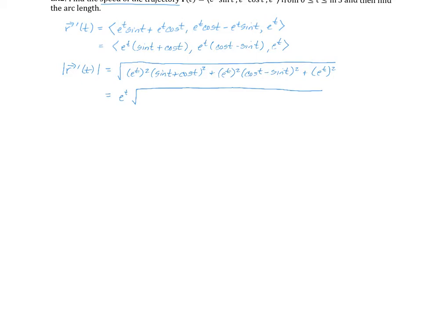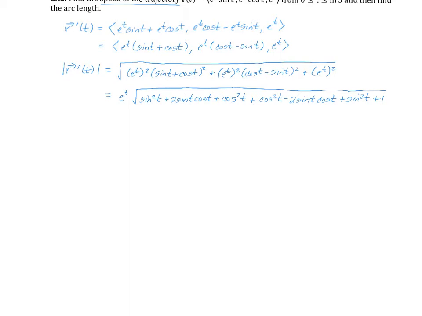sine t plus cosine t squared is simply sine squared plus 2 sine cosine plus cosine squared, plus cosine minus sine squared is going to give me cosine squared minus 2 sine cosine plus sine squared, and then plus 1, because I factored out the e to the t squared.